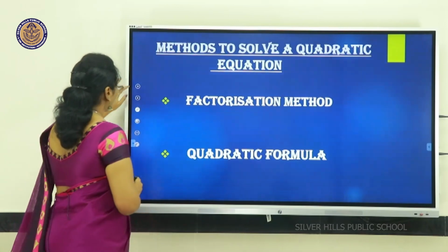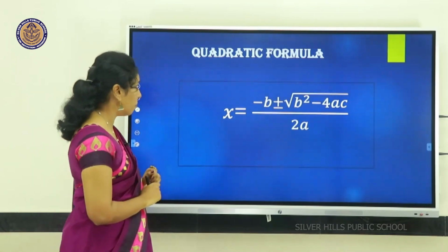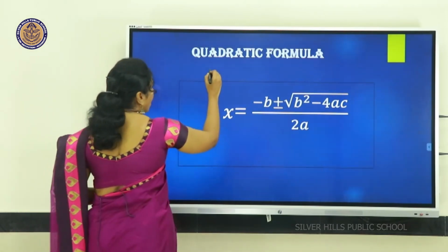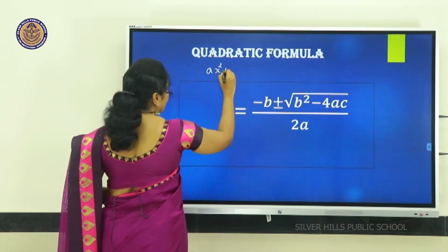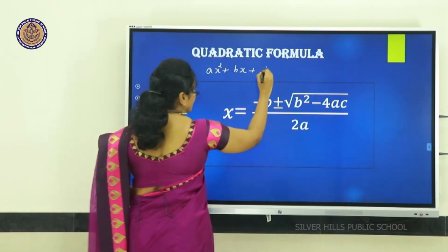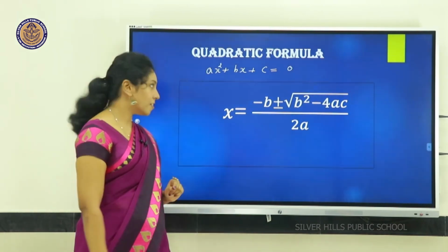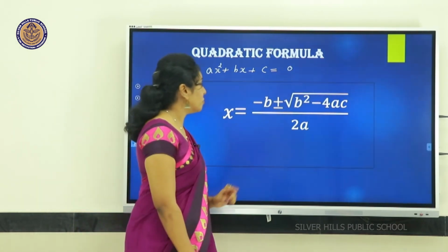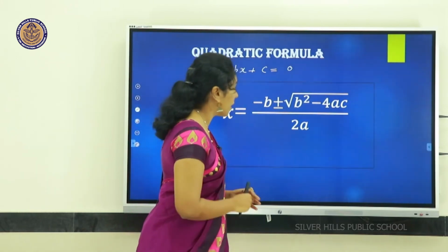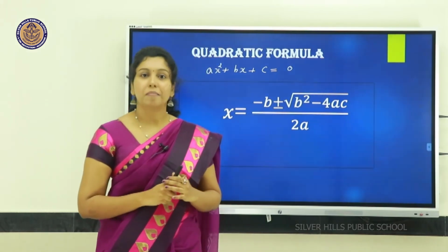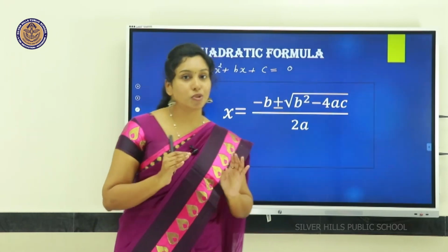So let's see what is a quadratic formula for ax square plus bx plus c equal to 0. The value of x is given by x is equal to minus b plus or minus root of b square minus 4ac by 2a.